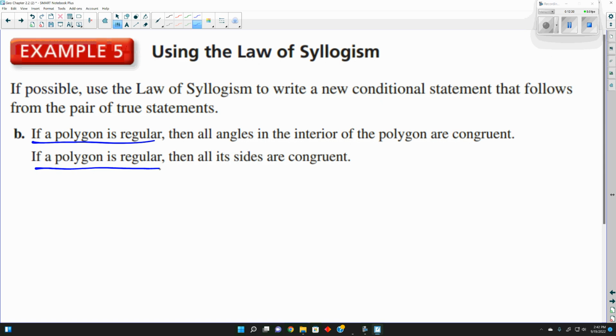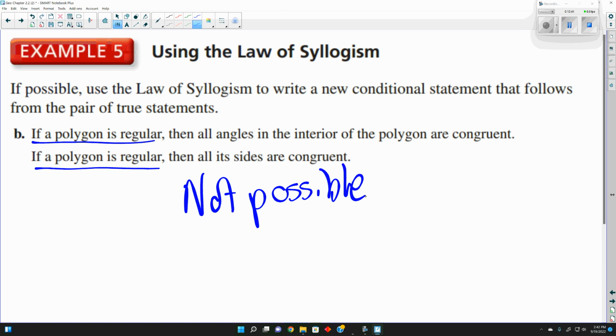All sides are congruent, all angles. Well, our angles and sides are the same. So do I have a hypothesis and conclusion that match? No. So is it possible? So this is not possible. Because again, we need a hypothesis and conclusion that match, that are the same.